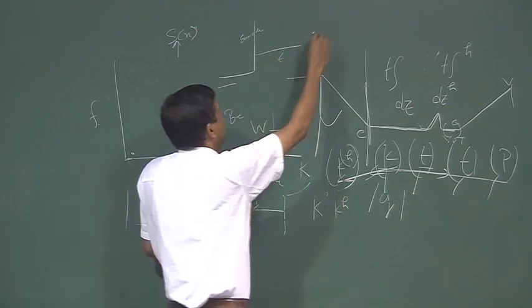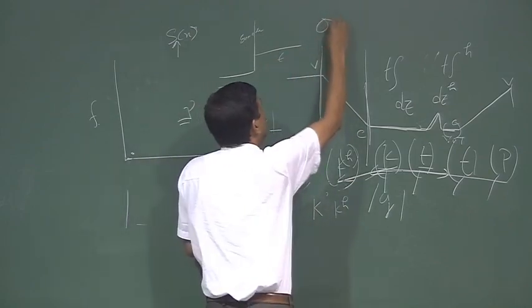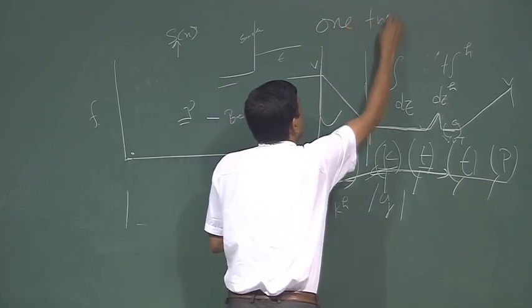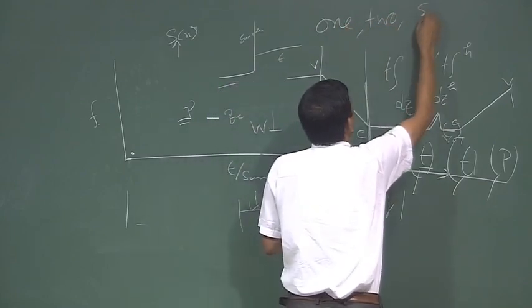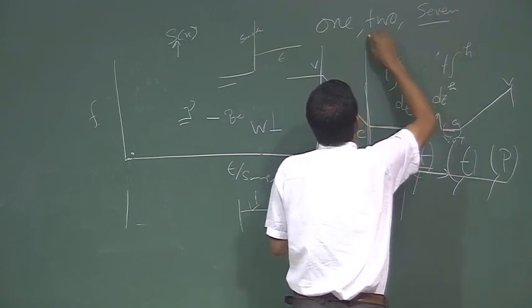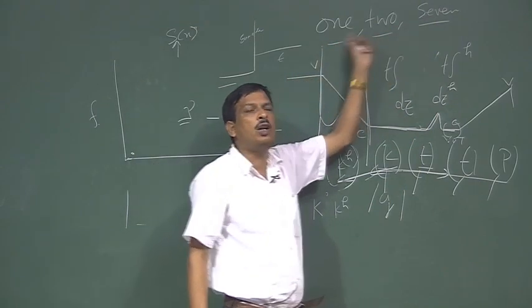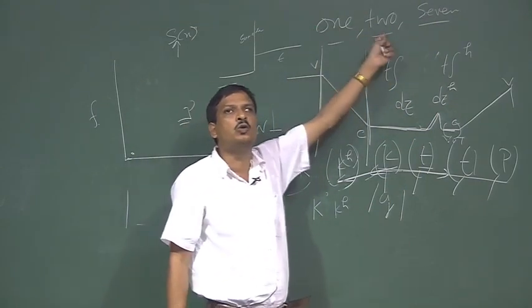Let us say char, or 1, 2, or 7. Three words I have given. Now, if I give the spectrograms of the three words and ask you to identify which is 1, which is 2, which is 7.